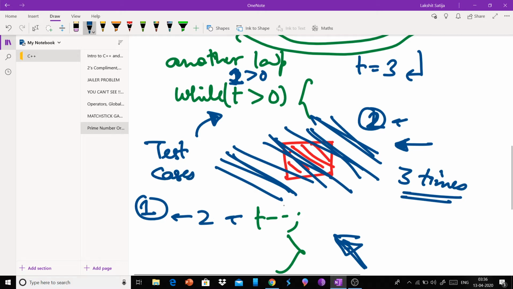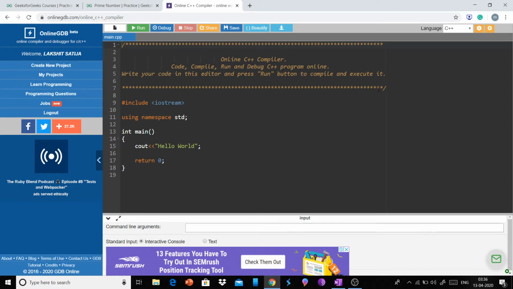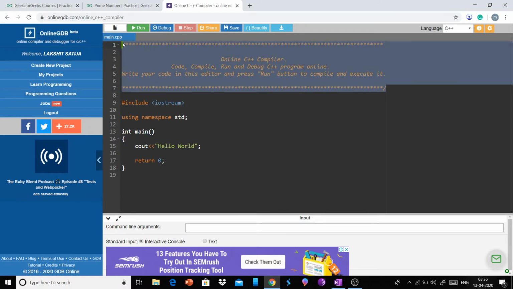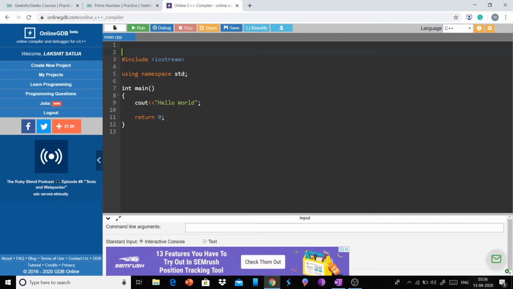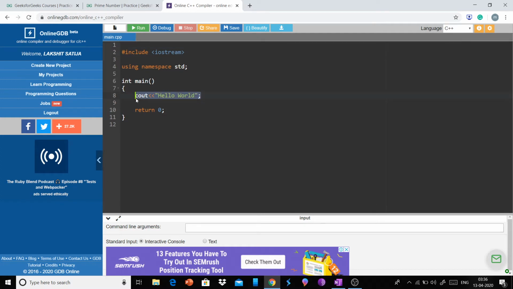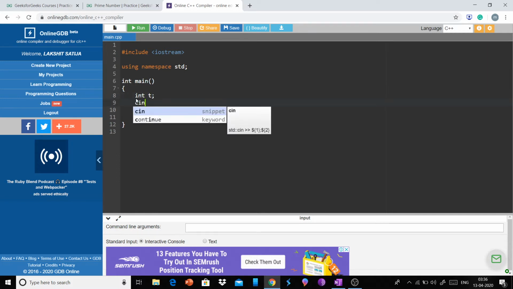Now let us make a program, right? So this is the GDB compiler. This is hashtag include. So first of all, we will declare an integer t, and we will take input integer t, right?